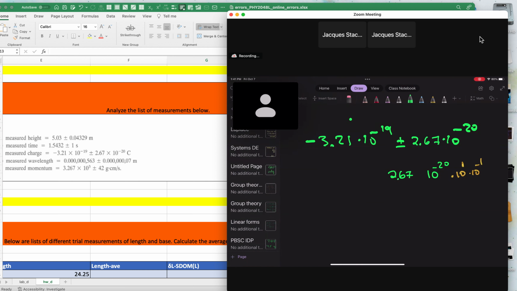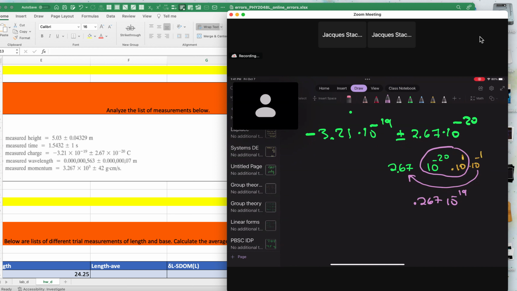Once you've done that, you're just going to collect these two numbers, and the 10 to the negative 1, you're going to multiply by the number in the front there. So then this is going to become 10 to the negative 19, and now you have 2.67 divided by 10, so that's going to be 0.267.